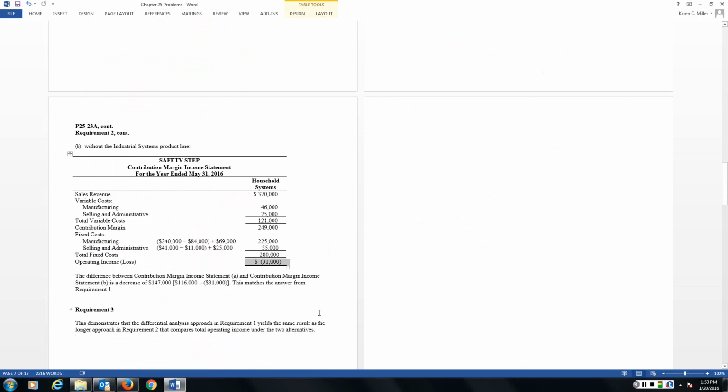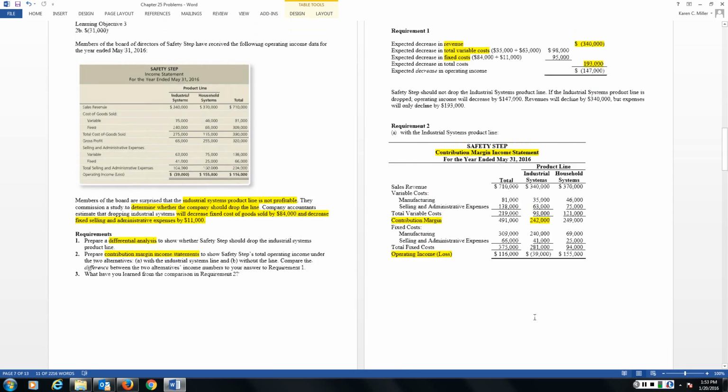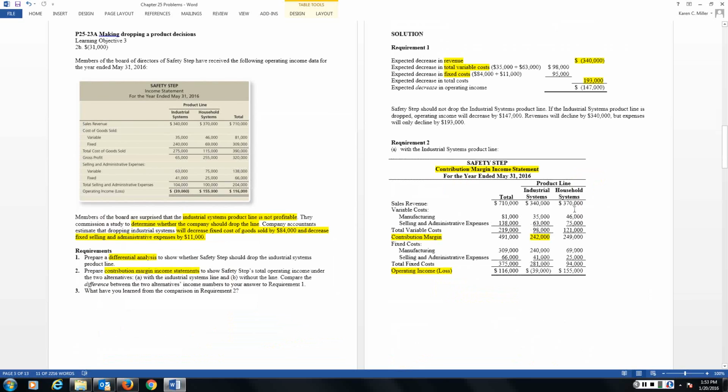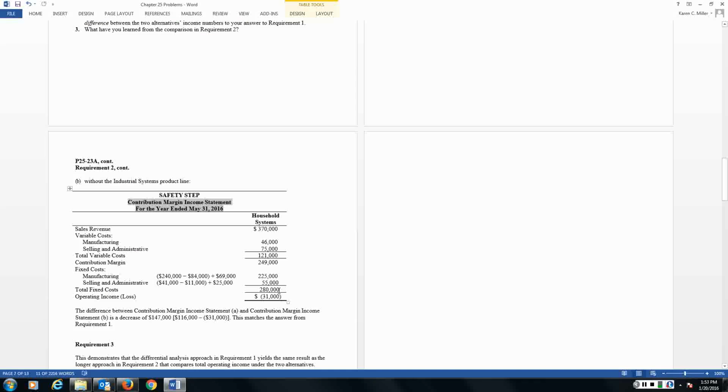I tell you that to show you that we can either use the contribution margin approach to analyze whether I should discontinue this segment, where we get a $31,000 loss, or I can use the differential to show you that operating income is going to decrease by $147,000. They both generate the same facts because 116 minus 147 is negative 31.